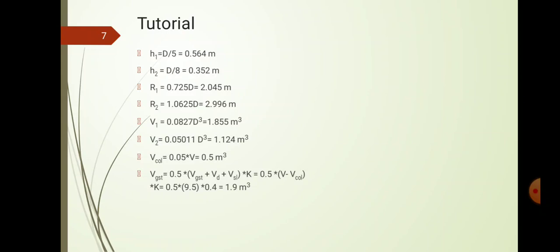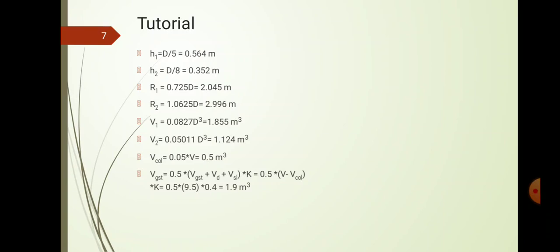So this is also equal to 0.5 into V minus V collection volume into K. So like this you have to find out. We have already found V, that is 10 meter cube. Now this collection volume is 5% of V, so that is 0.5. So if you subtract that, we will get 9.5.